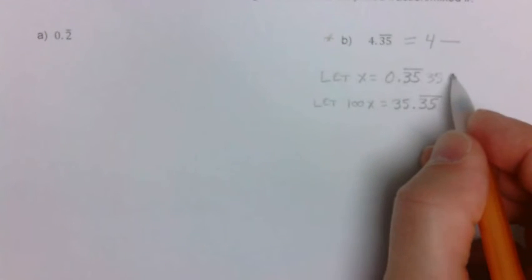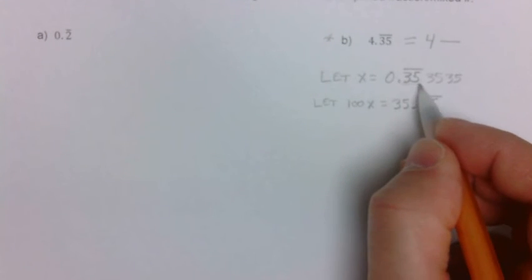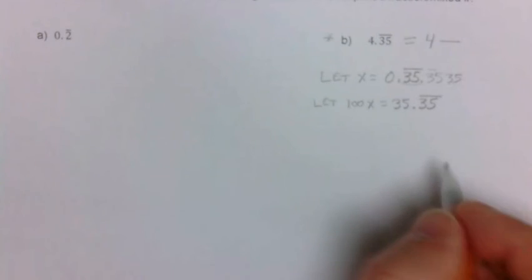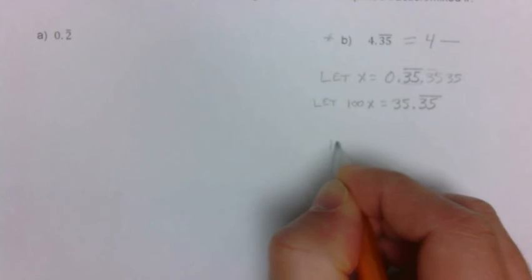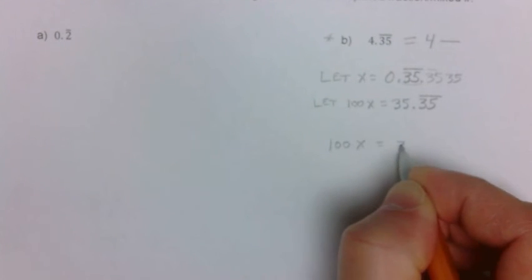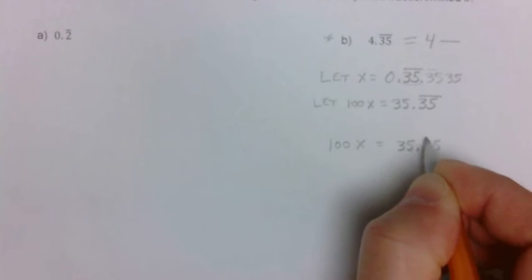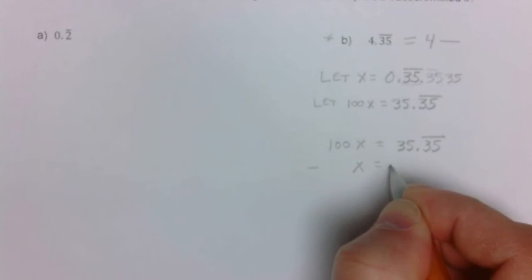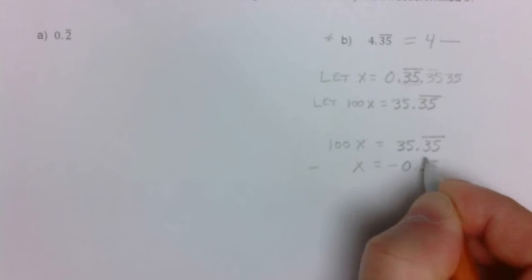Okay, remember that 35, 35, etc. This will move here, and now that's repeating. And now let's set up our subtraction. Bigger x first, 100x, which equals 35.35 repeated. Subtract off the single x, which is going to subtract off 0.35 repeated.